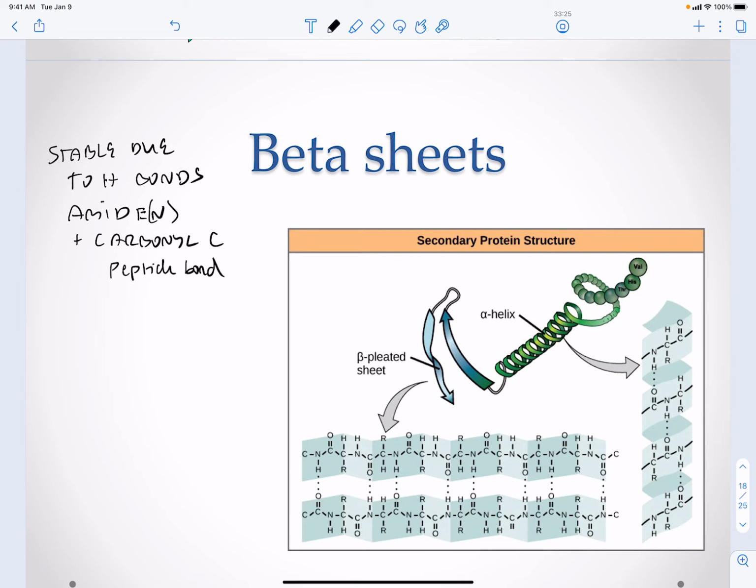Now your beta sheets have a little bit more requirements. So the beta sheets are going to have to be made up of two or more different regions of a protein, and at least 5 to 10 amino acids for each region.